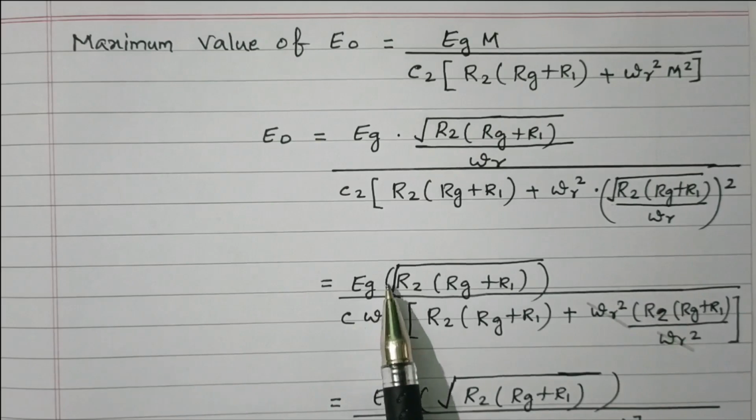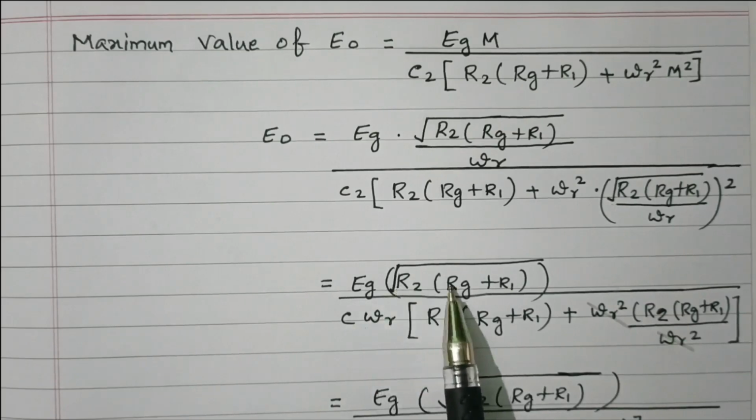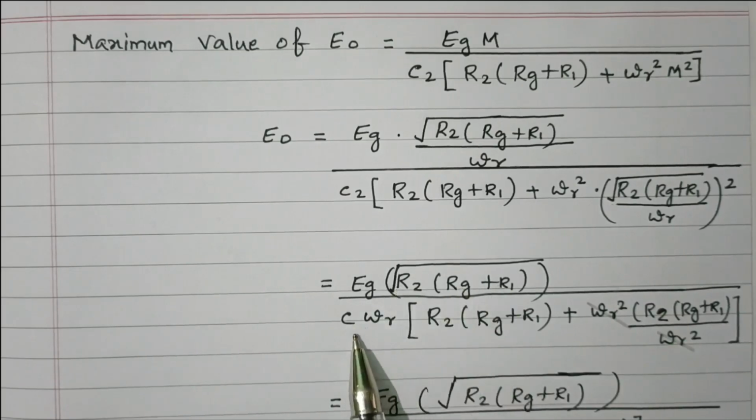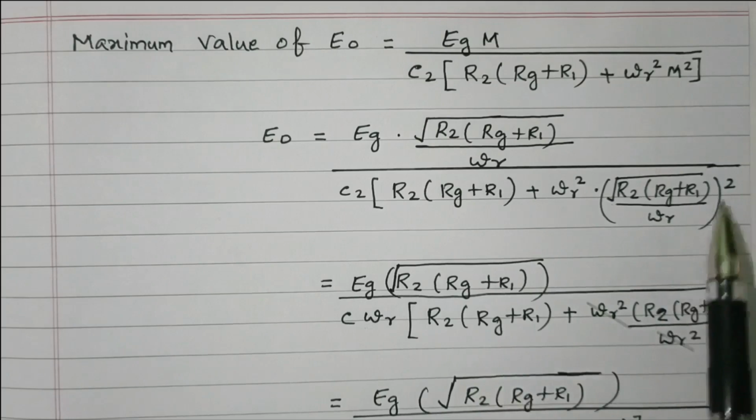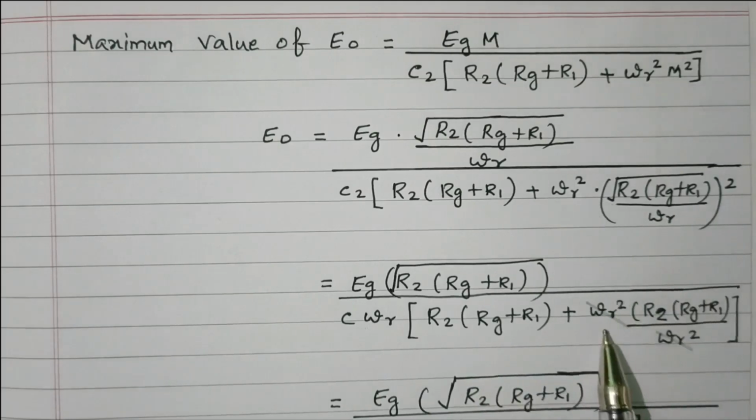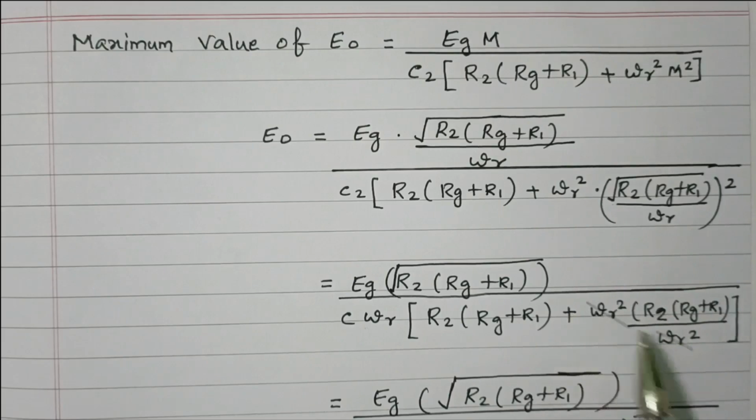So Eg of R2 square root of R2 of (Rg plus R1) divided by C omega R into R2 of (Rg plus R1). Here already one omega R square is there. This square root becomes R2 of (Rg plus R1) divided by omega R square, and this omega R square gets cancelled.